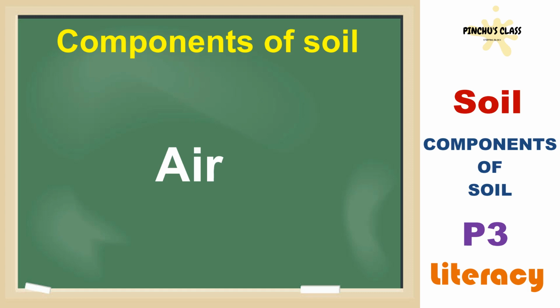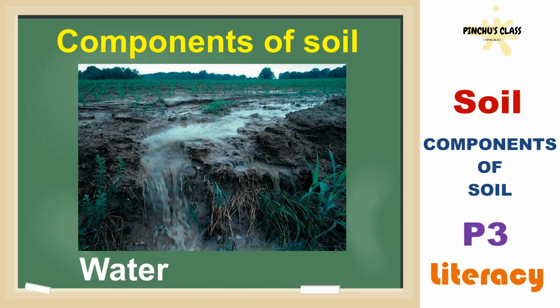Another one, did you know that soil contains air? Yes, it contains air. Soil has air, and air is another component of soil. So if you're naming the components of soil, you cannot miss out air. And there is actually another one which you cannot miss, the water.